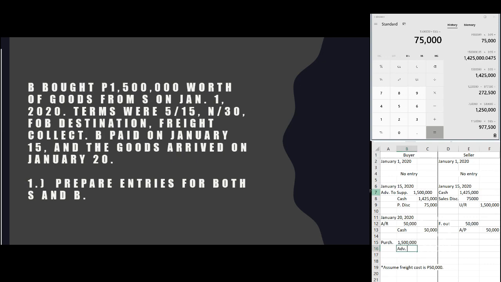Kasi yung advances to supplier, ito yung mga utang sa atin ni supplier. Since nakapag-deliver na si supplier, matatanggal na yung receivable natin. And then, on the other hand, maalis na rin yung unearned revenue ni seller. And then, pwede na siya mag-record dito ng sales na 1,500,000.